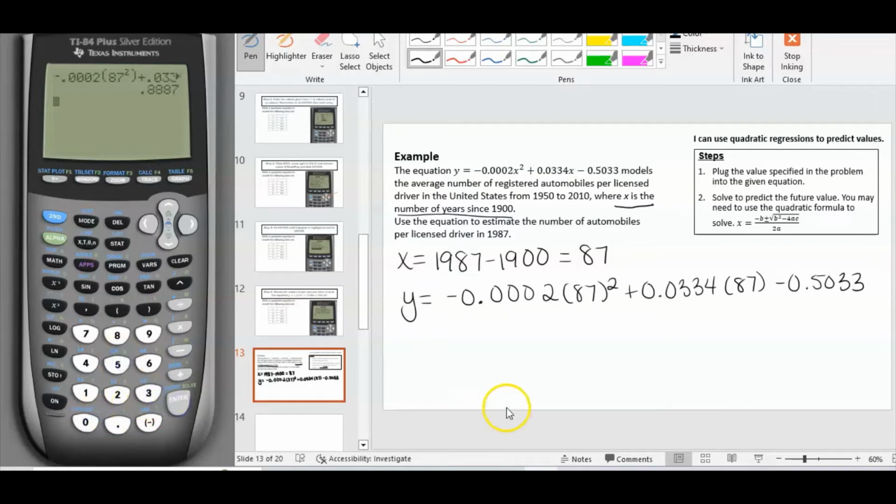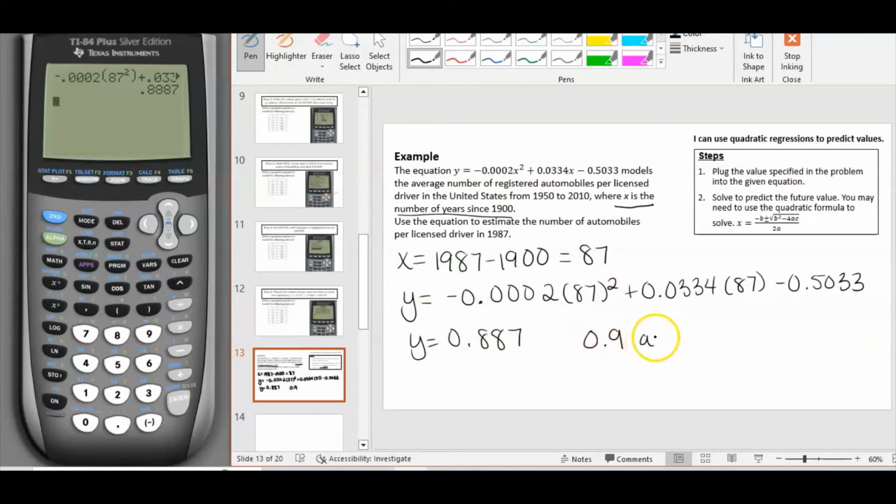When we hit enter, it gives us the value, which is y equals 0.8887. We can round that to 0.9, so about 0.9 automobiles per driver in 1987. So a little bit less than 1.